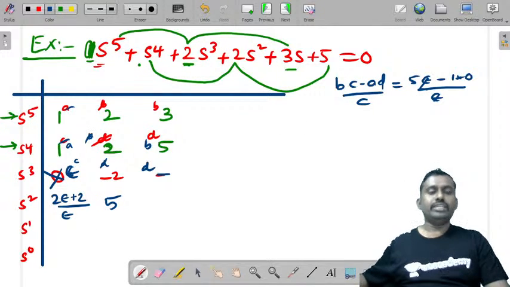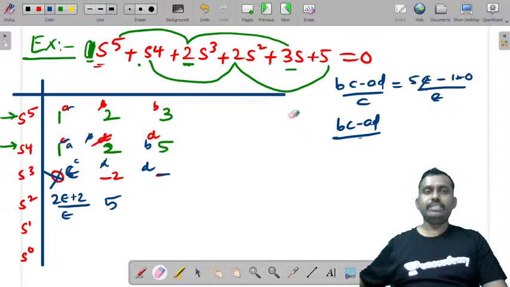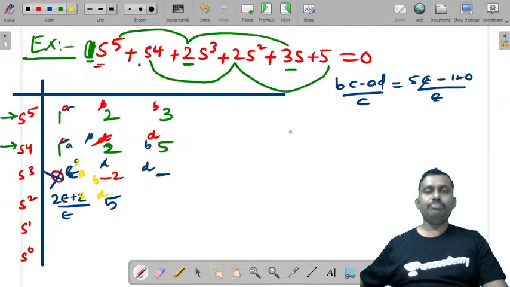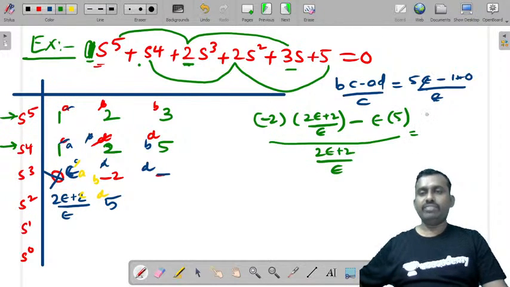Similarly, if you are trying to find the S power 1 coefficient, it is BC minus AD by C. Let's try to find that. Now you need to change this. So this will be A, this is B, this is C and this is D. So what is B? Minus 2 into C, 2 epsilon plus 2 by epsilon, minus A, epsilon, D is 5, by 2 epsilon plus 2 by epsilon. You need to simplify this.